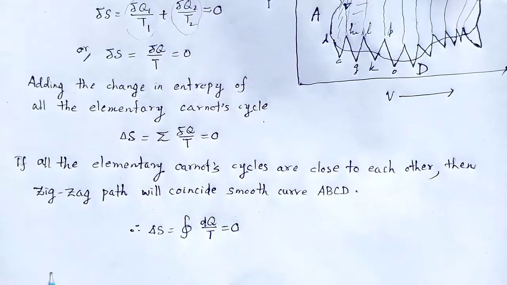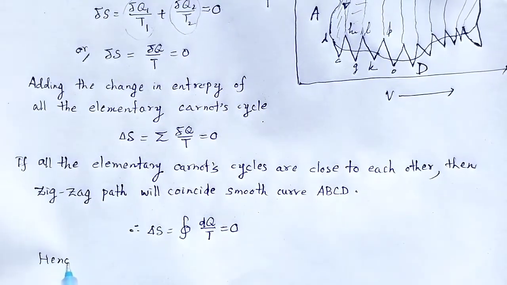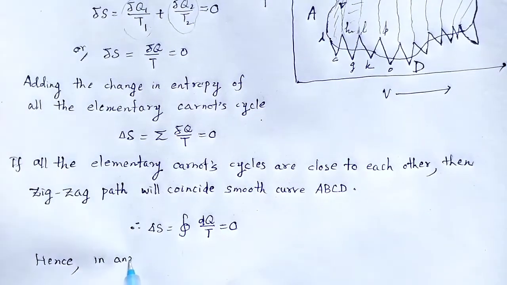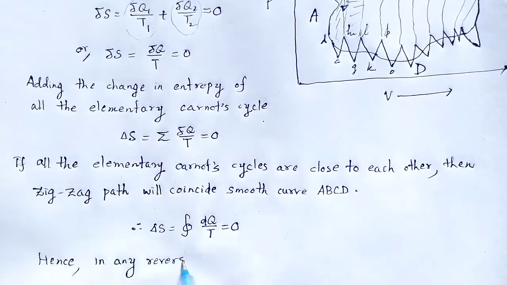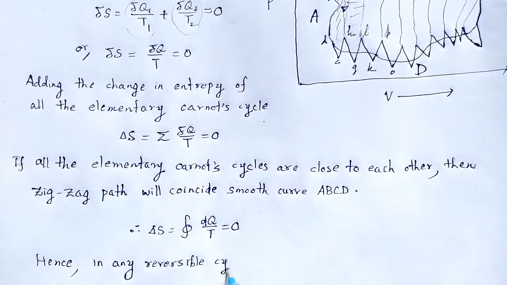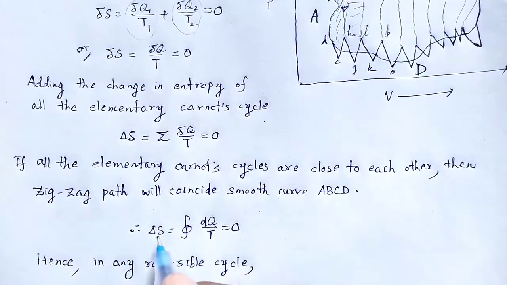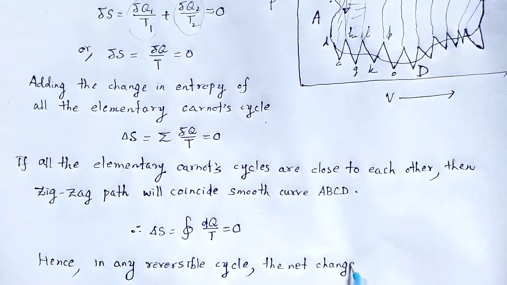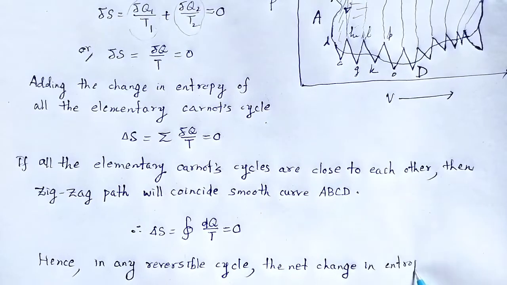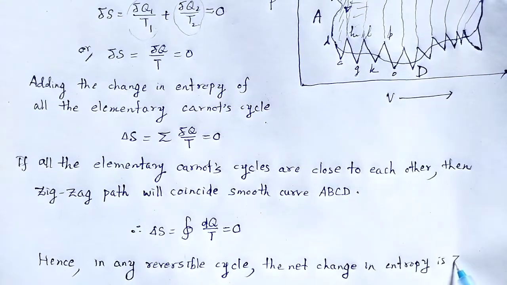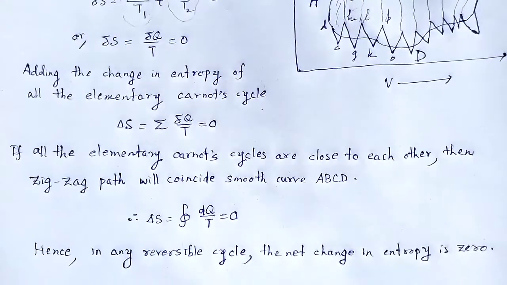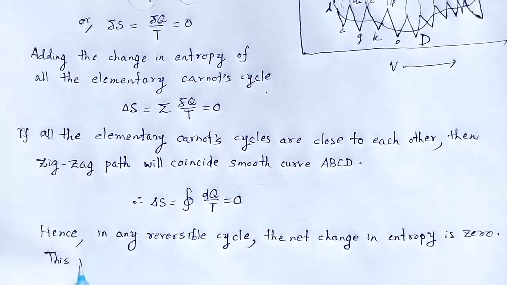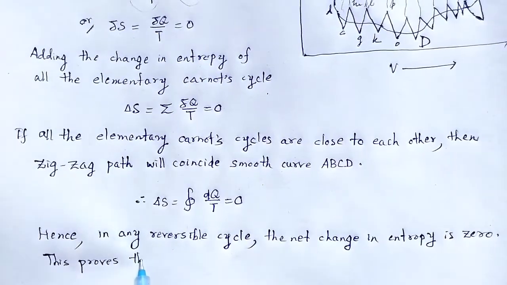Hence the theorem: in any reversible cycle the net change in entropy is 0, which proves the Clausius theorem.